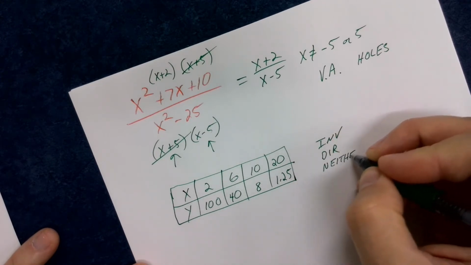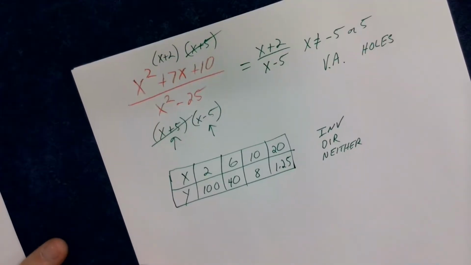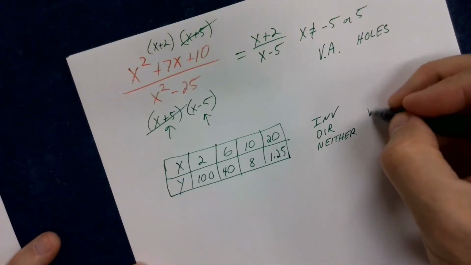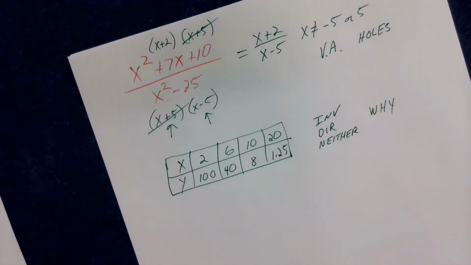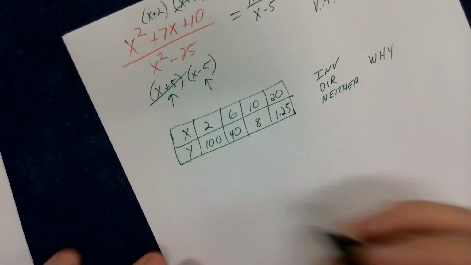And you need to be able to go through based on everything that we've talked about in this class and determine which one it is and be able to tell me why. Okay? You have to be able to do this.